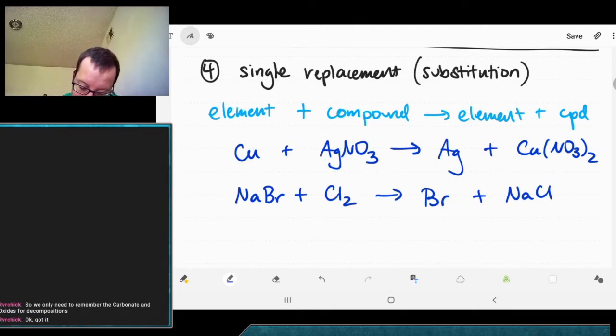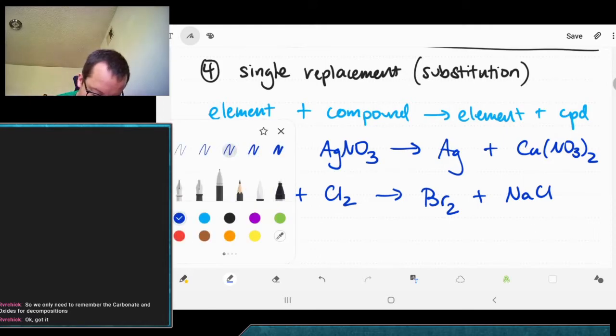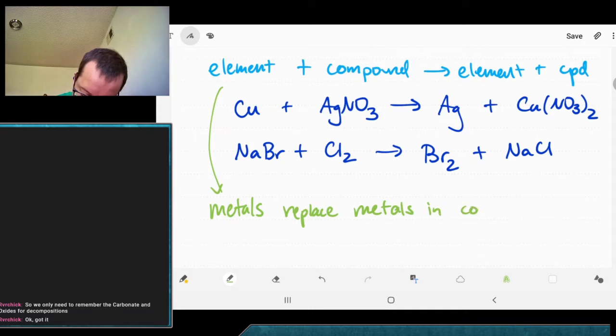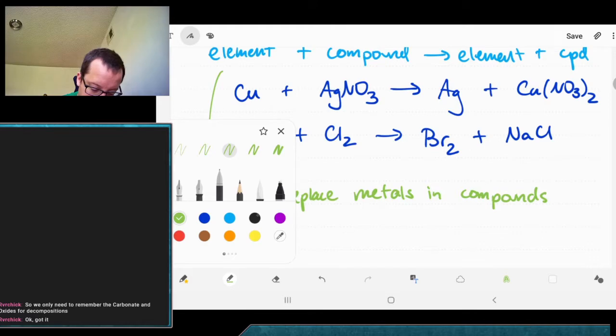That's an element. And we get out a different compound at the end of the reaction. So we're going to see that when we're looking at this, if the element that you're adding in, the element by itself, is a metal, you're going to kick out the other metal. All right, and it's going to be the opposite for nonmetals.